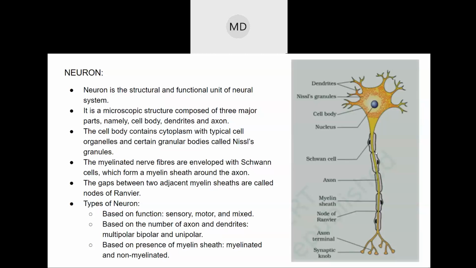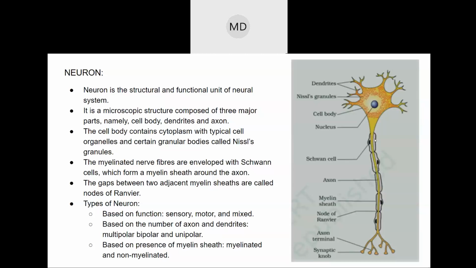So the axon and the nerves, not only the axon, the nerve cells carry electrical impulses, right? And these myelin sheaths act as the insulator. Just like the wiring is done, those wires have a plastic coating, and that plastic coating is done because it is an insulator.